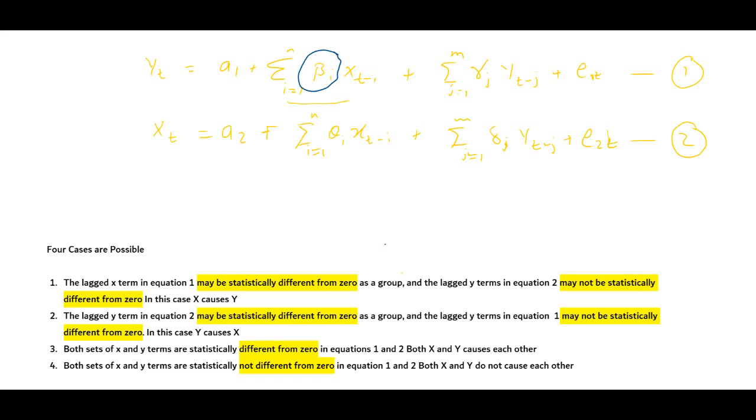In the first equation, all the beta i's as a group may be different from 0, meaning that they are not equal to 0, whereas the sigma j's in the second equation as a group are equal to 0. If that is equal to 0, it means y does not cause xt, but here the first is not equal to 0, so xt is causing yt.